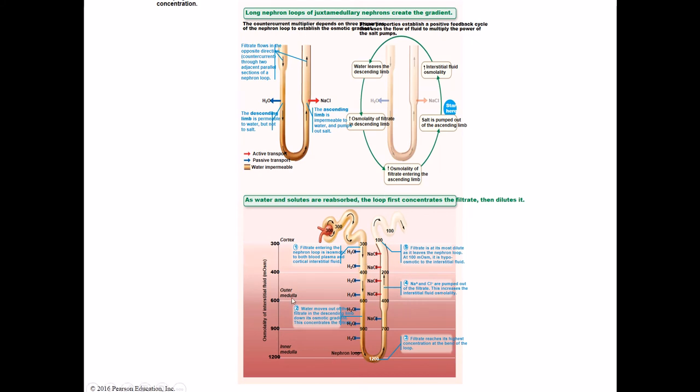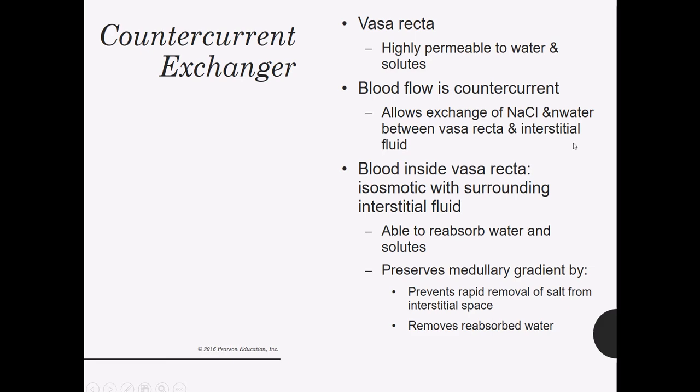And we want to keep this. We do not want to lose this gradient. And so then we have the exchanger, the vasa recta. The vasa recta is permeable to both water and salt. And so we get this kind of equal opportunity exchange of salt and water between the blood and the interstitial fluid.